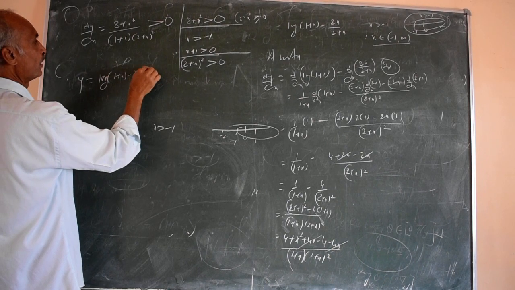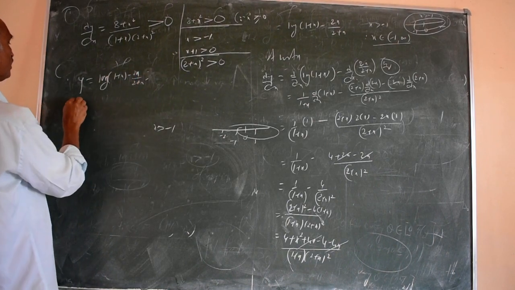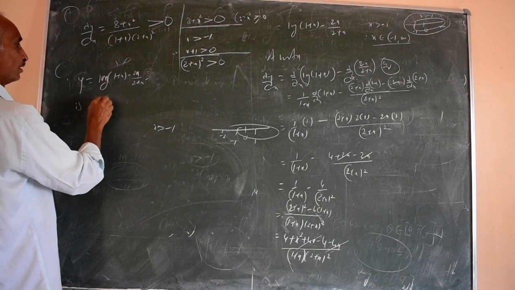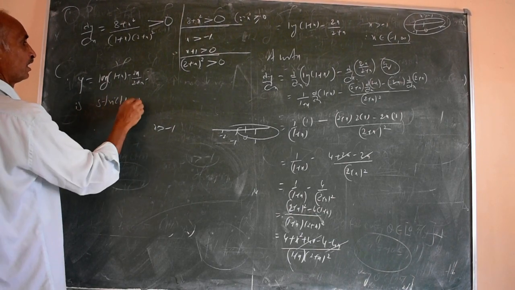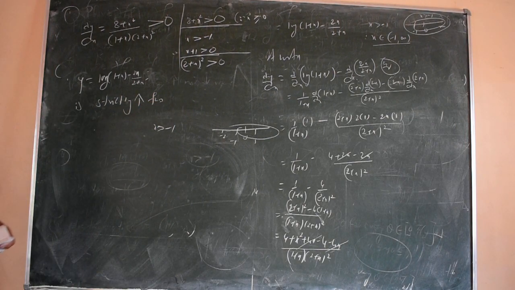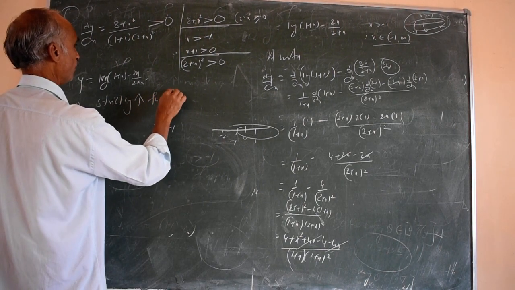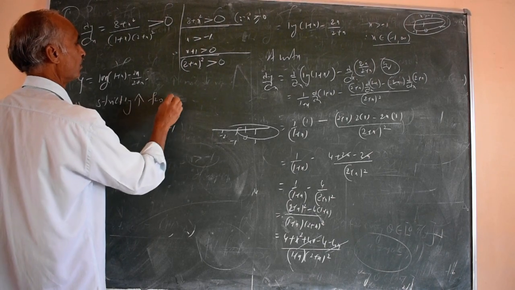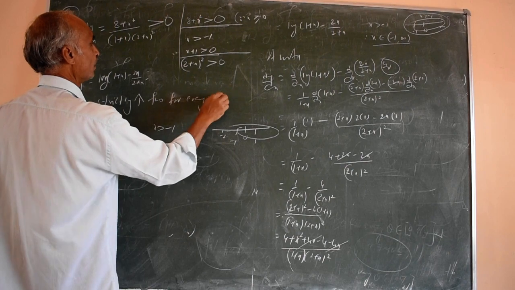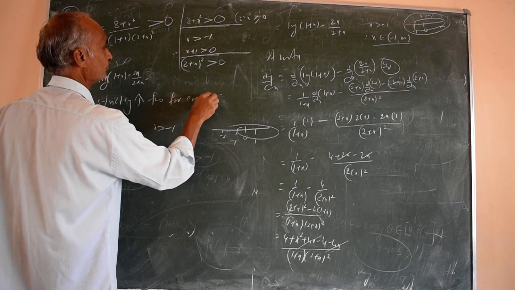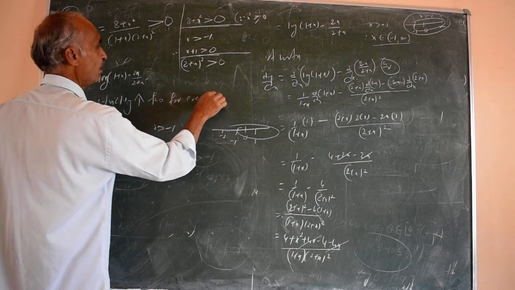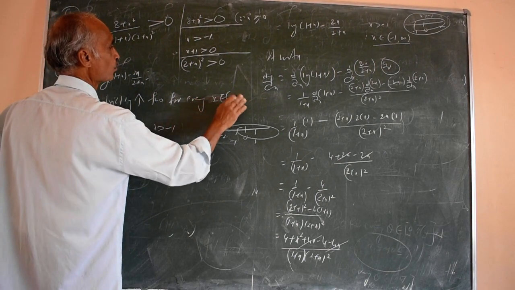The function of 2x upon 2x is strictly increasing for every x belonging to minus 1 to infinity.